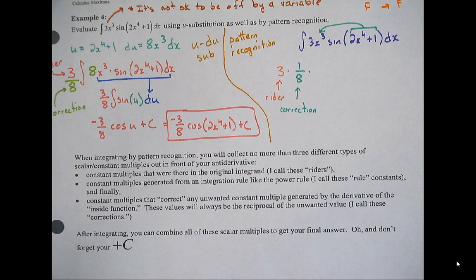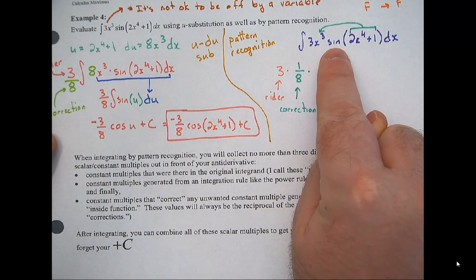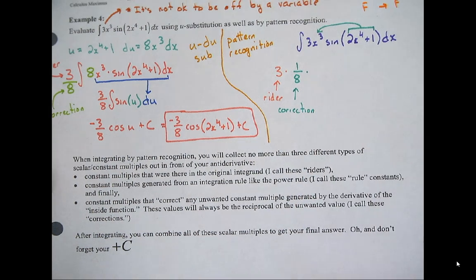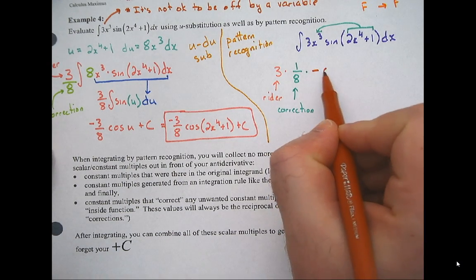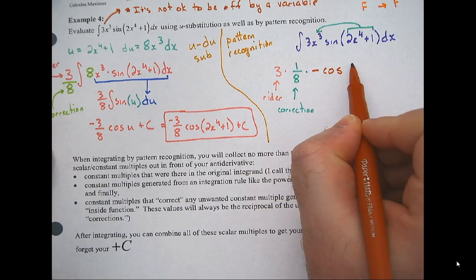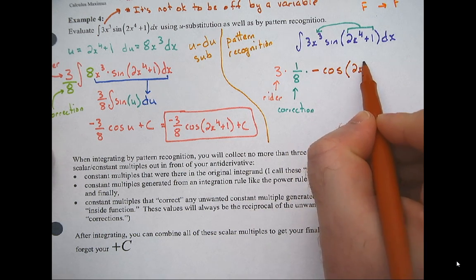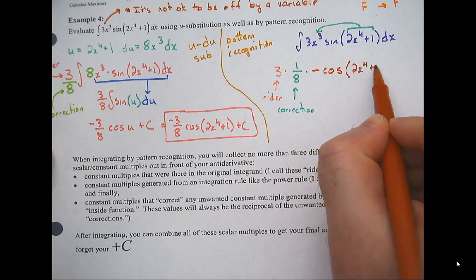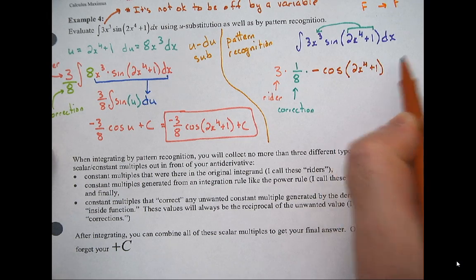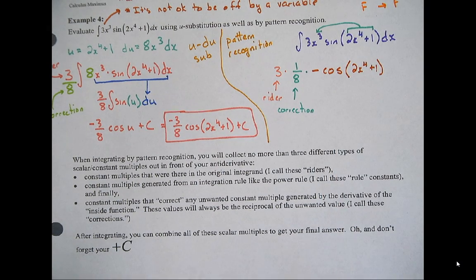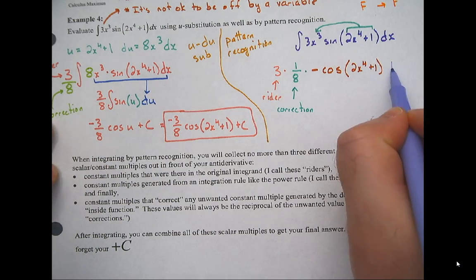Times, now we would just do the actual integral. What's the integral of sine? The integral of sine is negative cosine of, and then we can just leave this all the same. And what don't you want to forget at the end?